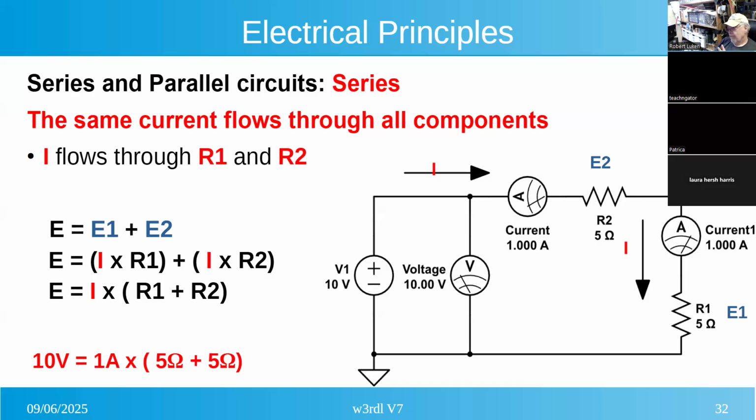So in this case, we're starting out with a potential voltage of 10 volts, and off it goes through the resistor, two resistors, right? And it comes out at 10 volts.